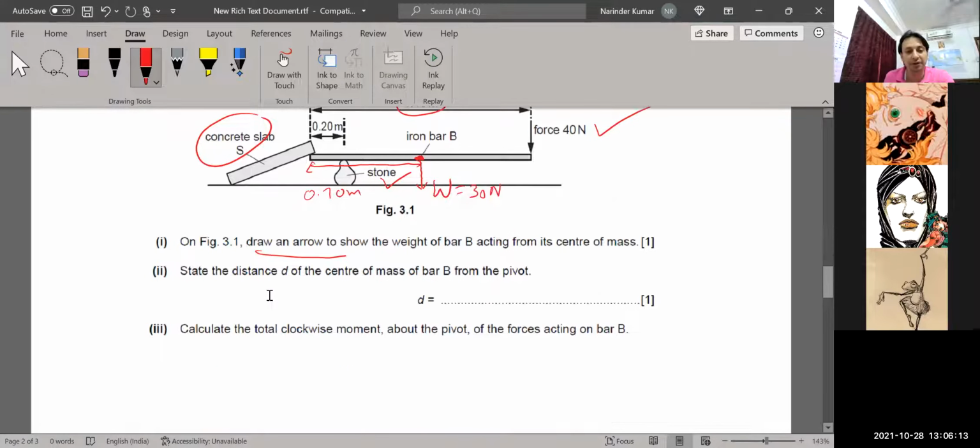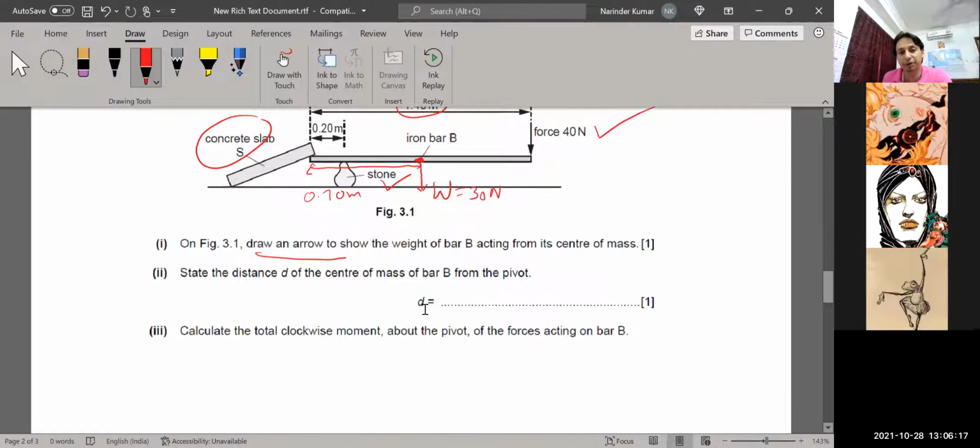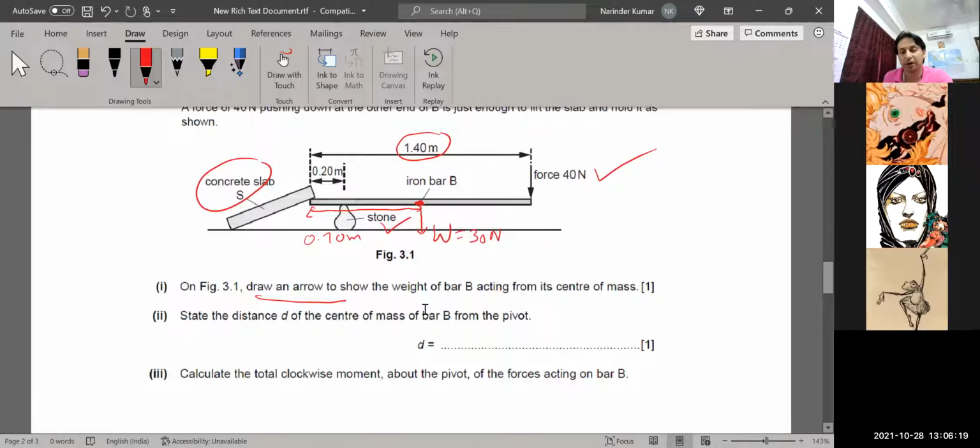Now, state the distance D of the center of mass of bar B from the pivot point. Distance of center of mass, children, from the pivot. Isn't it 0.70? No. It'll be 0.5 meters, right? Because 0.70 minus 0.20. This is the pivot, the axis actually.